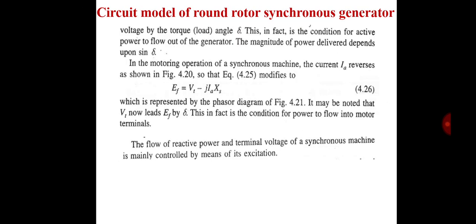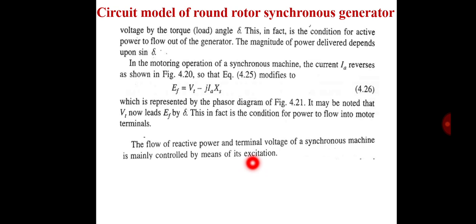This is represented by the phasor diagram we see. It may be noted that Vt now leads EF by delta. This in fact is the condition for power to flow into the motor terminals. The flow of reactive power and terminal voltage of a synchronous machine is mainly controlled by means of its excitation.